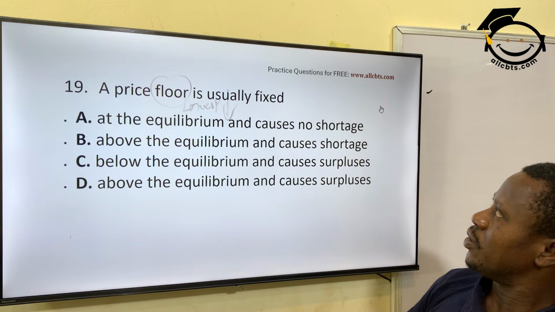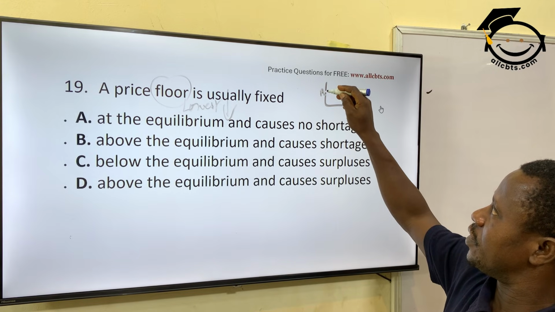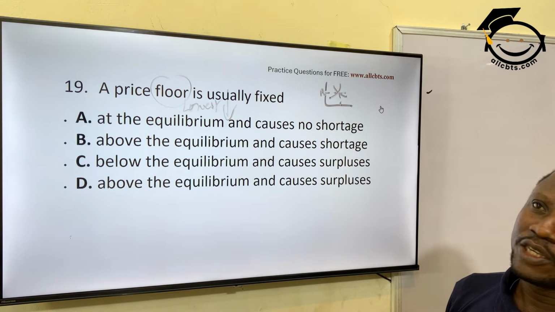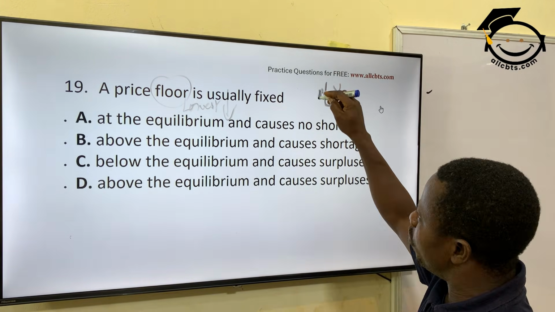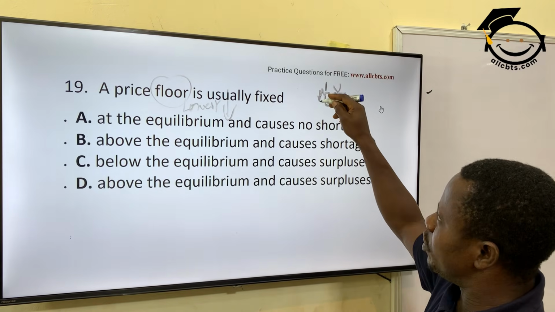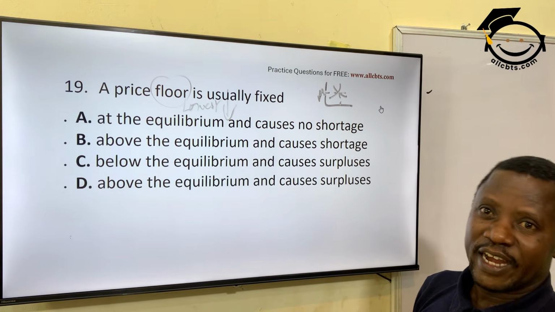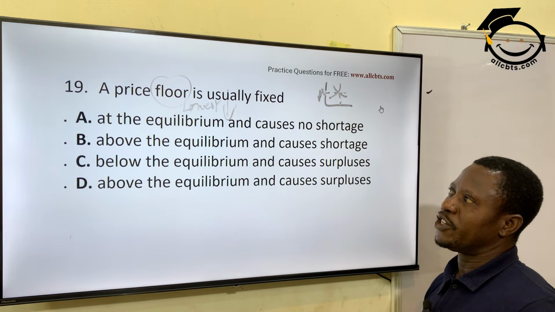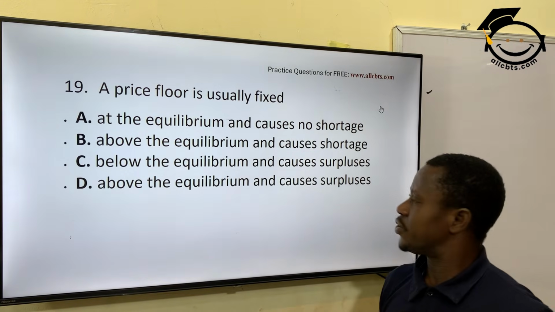You know, if you bring it down, let's assume this is the original price, the equilibrium price, all right? So a floor means the lowest price possible, below equilibrium. That lowest price means what? There will be plenty at the initial run, but eventually the price will still go back to equilibrium as more and more is being purchased. All right, surplus. Option C is correct for that question.